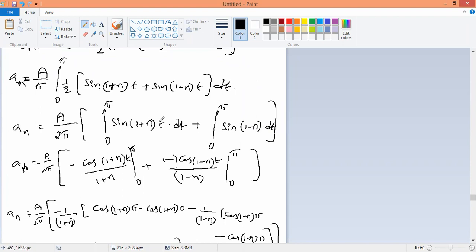What is the integral of sin t dt? Integral of sin is minus cos. So minus cos of 1 plus n t by 1 plus n, limits 0 to pi, plus here also minus cos of 1 minus n t by 1 minus n, limits 0 to pi.